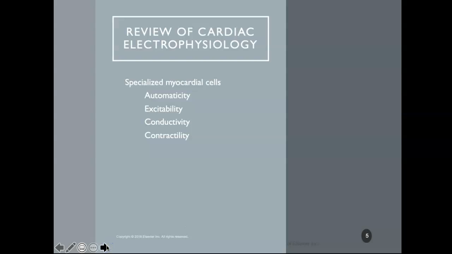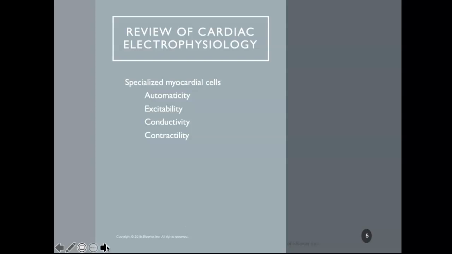All right, so just a review of the electrophysiology of the cardiac cycle. There are some terms. Automaticity is the ability for a cardiac cell to actually charge or depolarize. Normally, that's going to be the SA node, but on some occasions some cells get irritated or excitable, and they will take over with this automaticity.